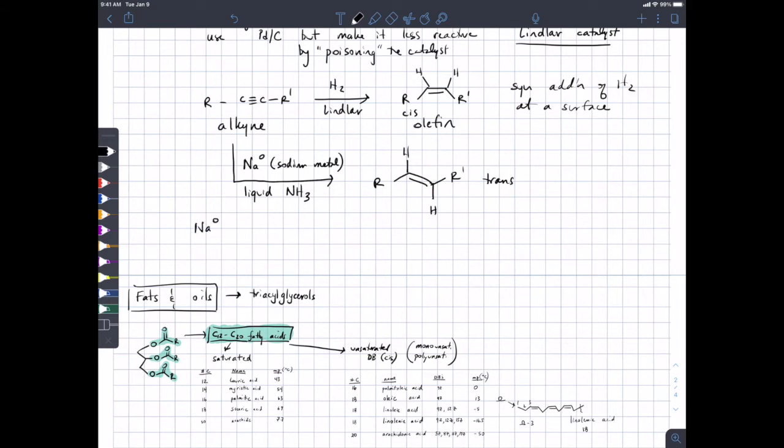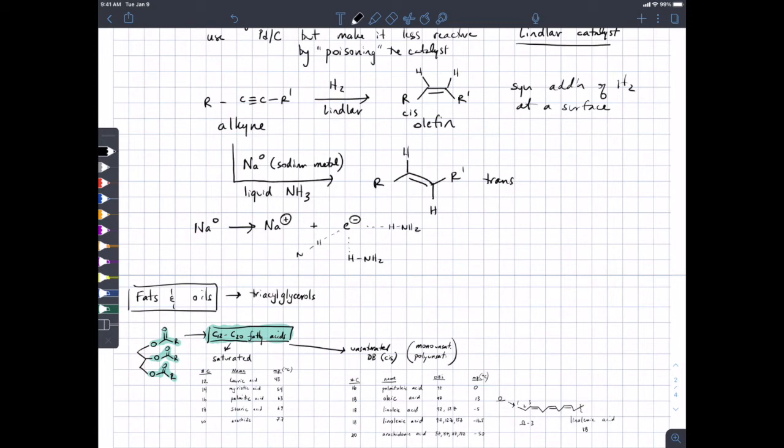The sodium metal is going to form sodium cation plus an electron. And what's really, really weird is that that single electron is sort of hydrogen bound to other ammonia molecules.